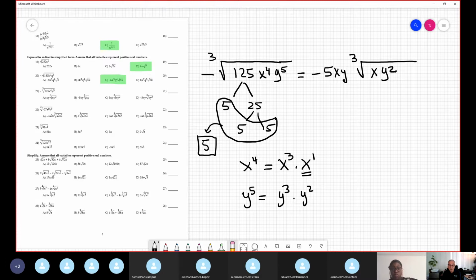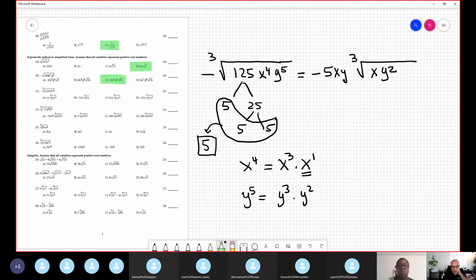Well, you can simplify. And in the x part, the index is 3 and the exponent is 4. We can. But when the exponent is smaller than the index, we cannot simplify. The exponent here is 1 invisible, no more simplification, and 2, no more simplification.